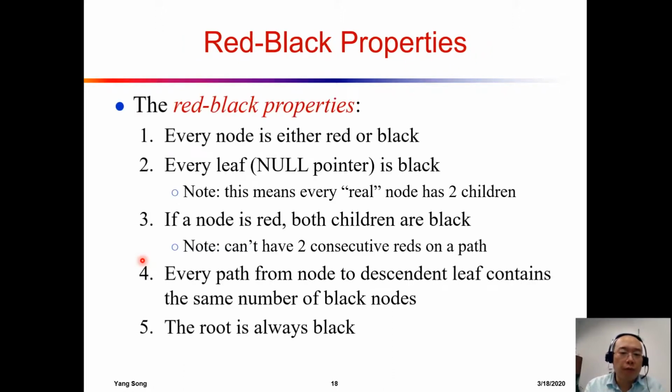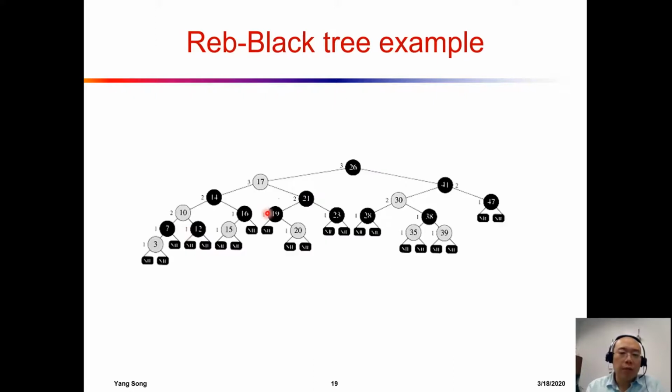So we have to come back to the property. The property says if a node is red, then both children are black, right? So this means if we have a red node, then the next node down by 1 step has to be black. So this will guarantee that if we have a path from any node down to a leaf, at most half of the nodes we visit down the path can be red, and all the remaining of them are black.